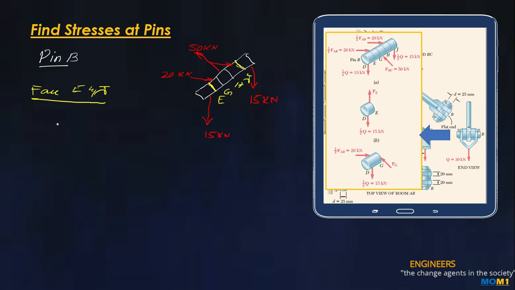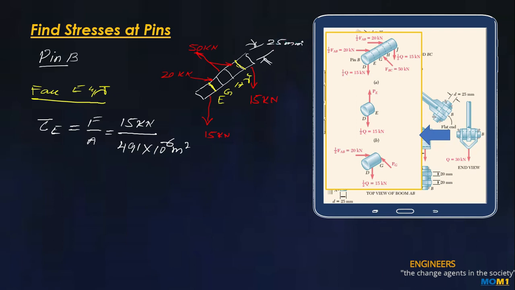Same expression, tau at E is going to be force upon area. The force is 15 kilonewton on an area that we have already calculated, 491 into 10 raised power minus 6 meters square, because we have already calculated the pin diameter, which is 25 millimeter.